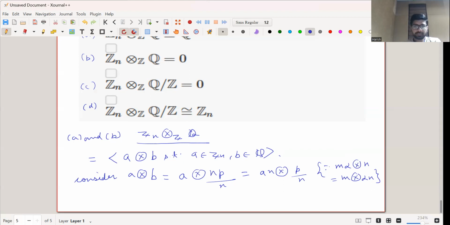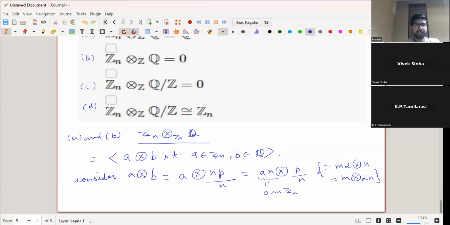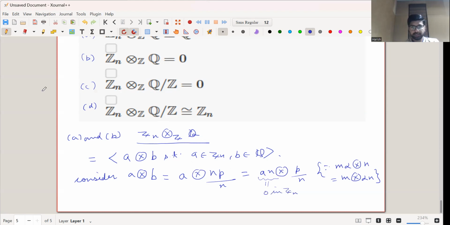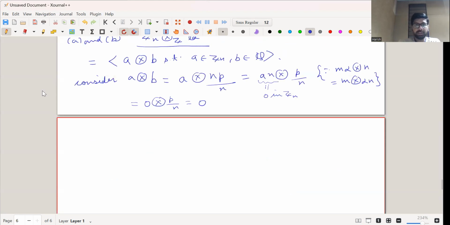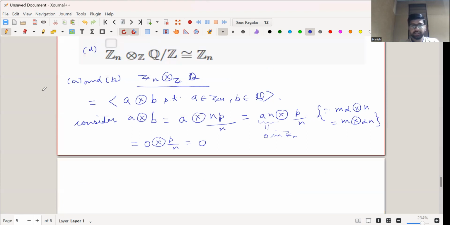Now what is this An? An is 0 inside Zn, right? It's a multiple of n, so anything that is a multiple of n will vanish inside Zn. So you get 0 tensor with something, and it's already discussed in the lecture notes that 0 tensor with anything will give you 0. So all its generators are 0 in this tensor product.